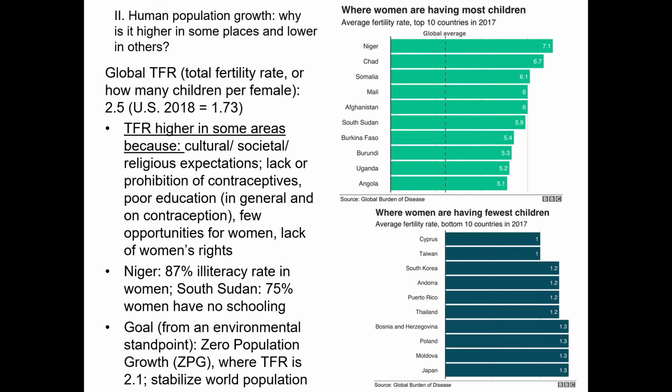They have lots of opportunities for careers. There's plentiful availability of contraceptives. You also have education on reproductive biology and how to use the contraceptives that are available. And then people just choose smaller families. They don't want lots of kids. They have that choice to begin with, but given that choice, they just don't want larger families.